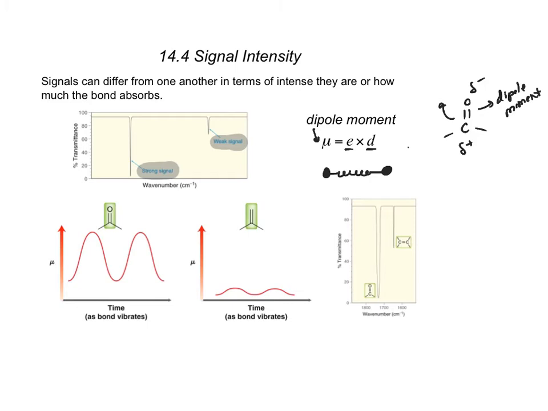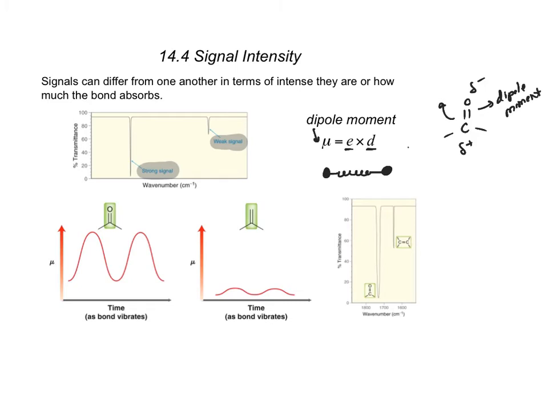What's going to happen, therefore, to the dipole moment of this bond? It's going to change. It's also going to fluctuate. This movement of electric charge is going to generate its own little electric field. It's very similar to an antenna. What does an antenna do? It's essentially just oscillating little electric charges that generate their own little electric field.